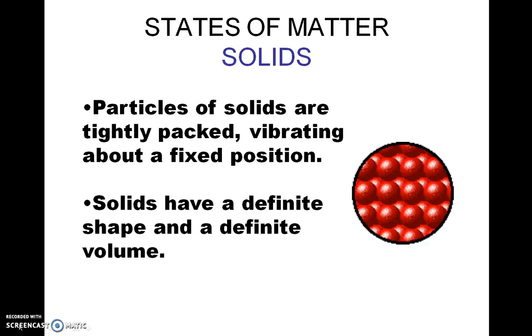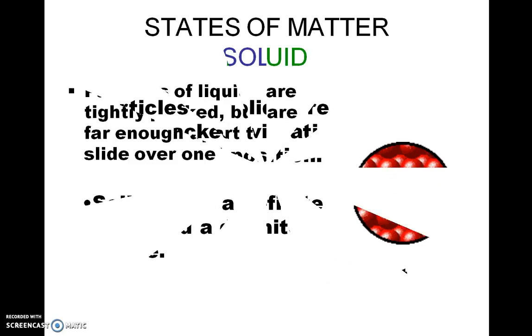And for the definite volume, you cannot add any more volume to a solid unless you put it in something or melt it into something else. Heat goes up on solid and changes the temperature, which can cause it to change in shape.